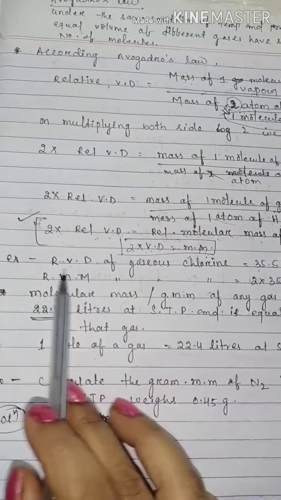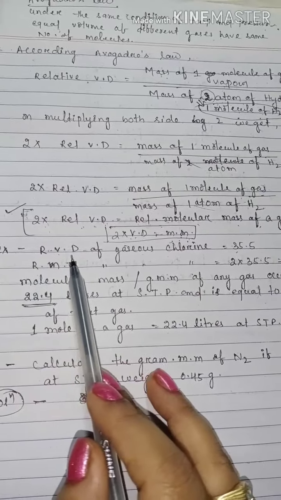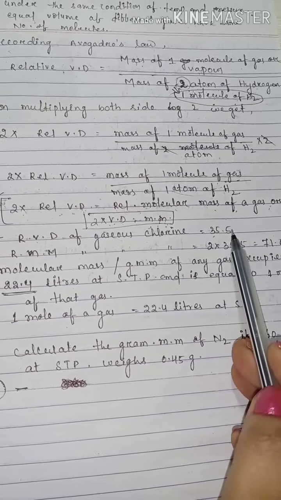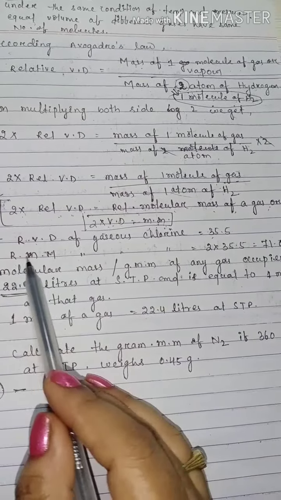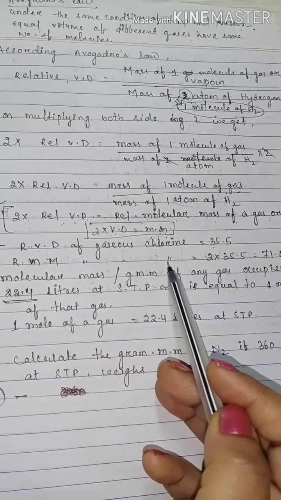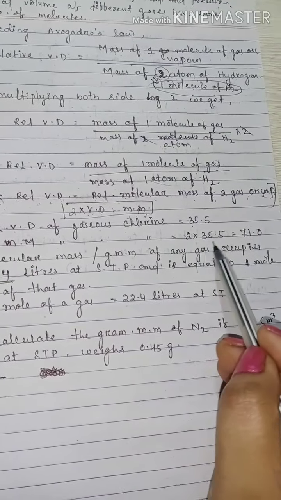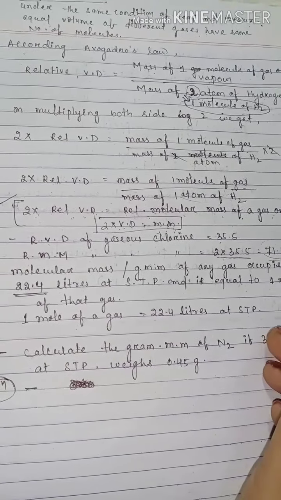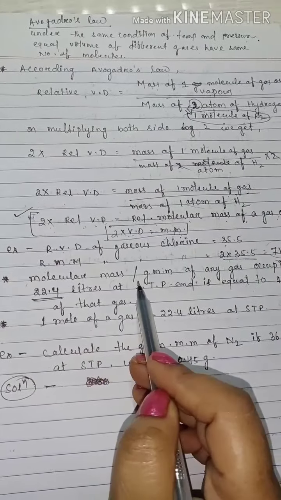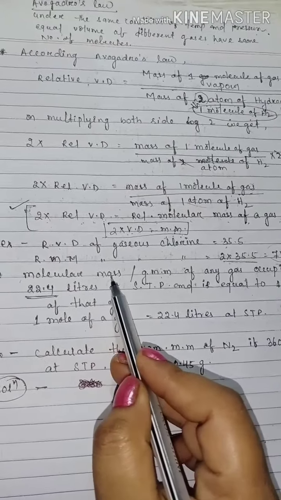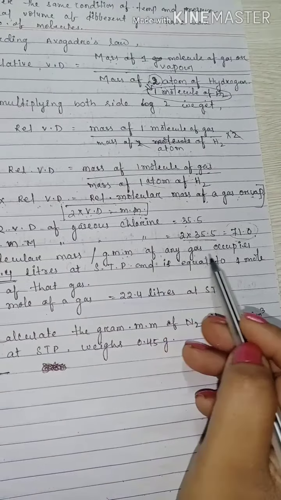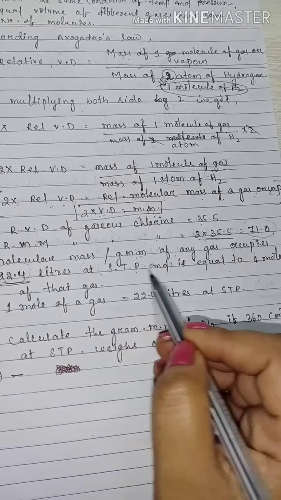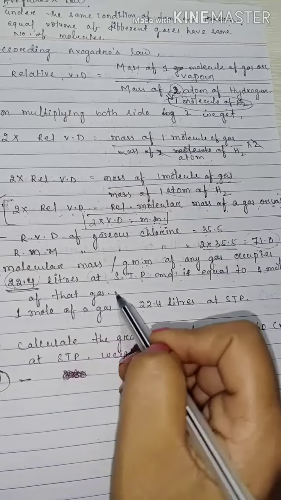Now see some examples I have given here. The relative vapor density of gaseous chlorine is 35.5. What is the relative molecular mass of gaseous chlorine? How will we calculate the molecular mass? 2 into vapor density, that is equal to 71.0. Clear? Now, the molecular mass or gram molecular mass of any gas occupies 22.4 liters at STP, and it is equal to 1 mole of that gas.